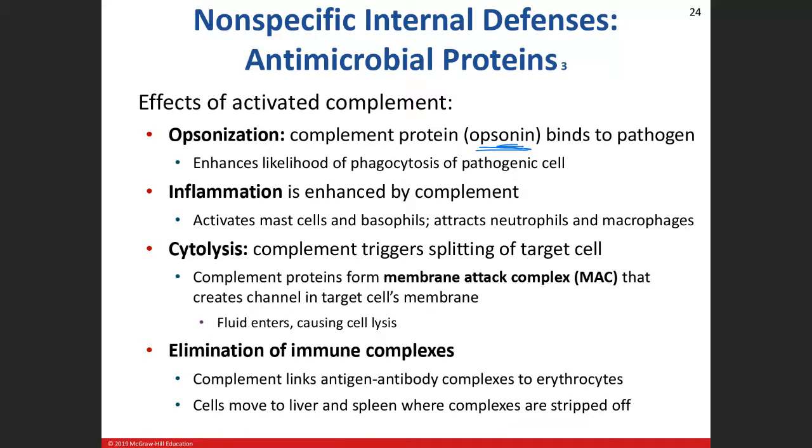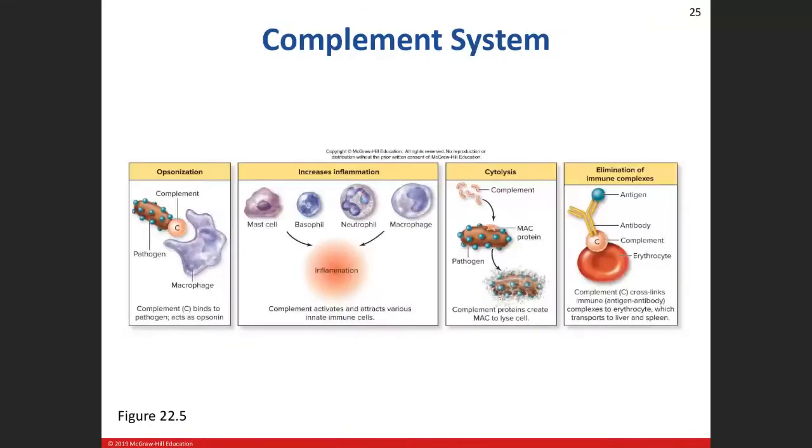Well, we have our own tag here. When we're talking about opsonization, opsin, I'll show you, will jump onto our pathogen right here. And so that sends up a signal to a phagocytic cell or a macrophage here, and it comes along and it gobbles the whole thing up.